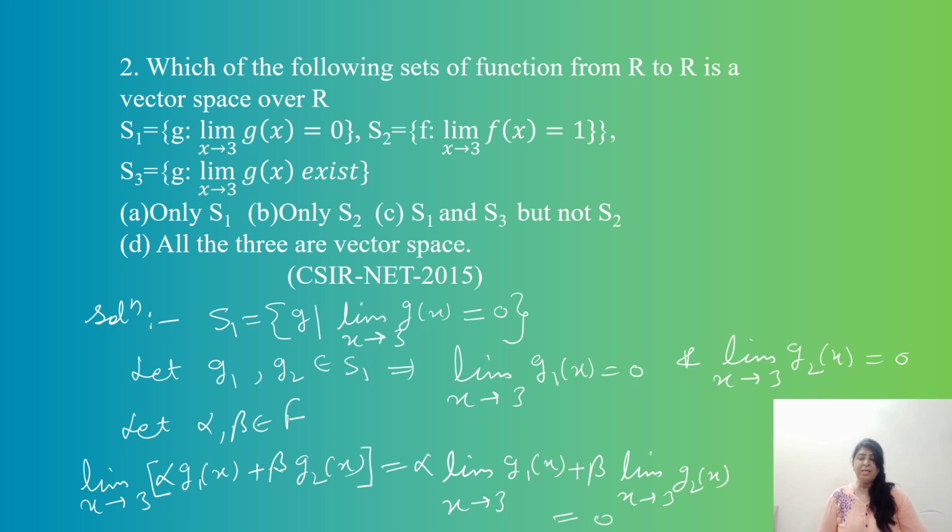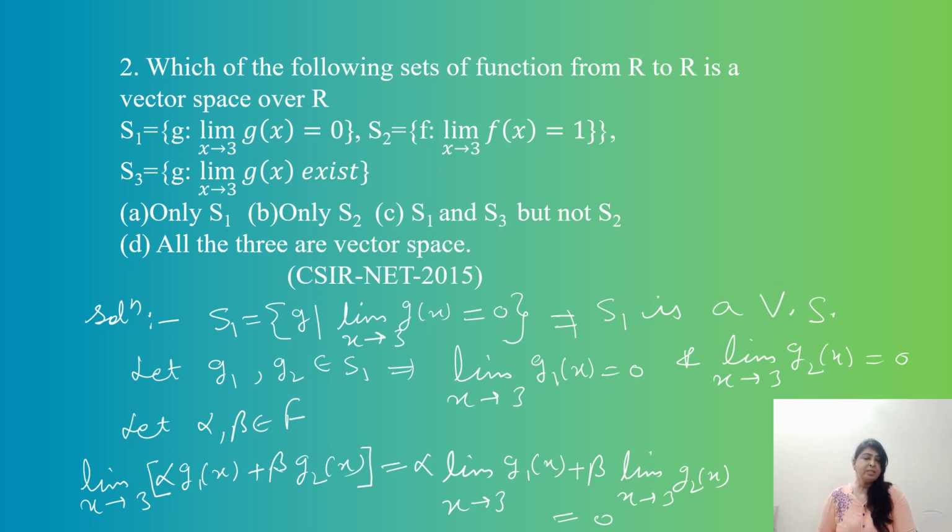So this implies the limit of alpha g1(x) plus beta g2(x) as x approaches 3 is equal to 0. This implies S1 is a vector space.